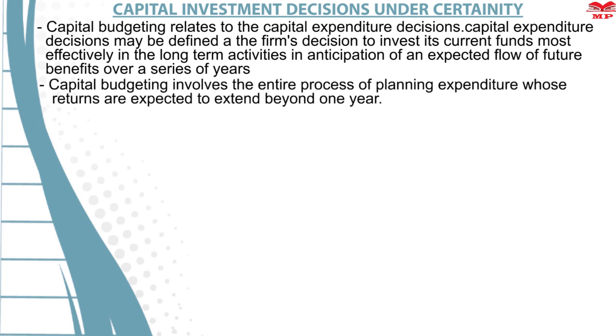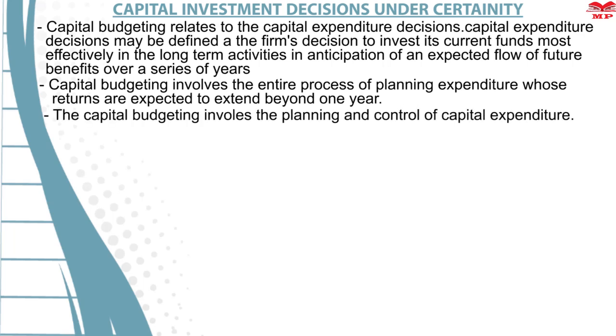So capital budgeting involves the entire process of planning expenditure whose returns are expected to extend beyond one year. It means that capital budgeting involves the planning and control of capital expenditure.